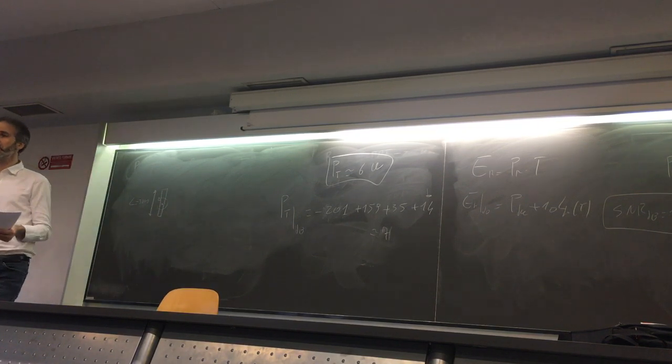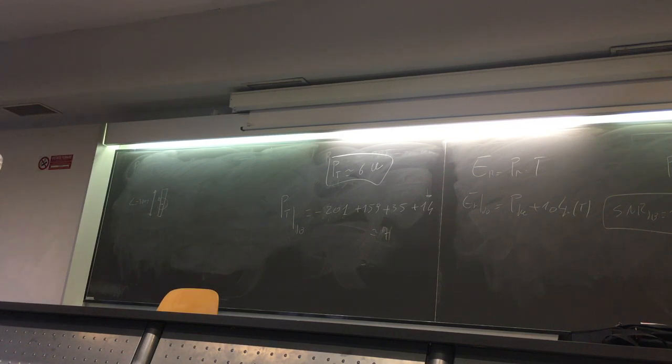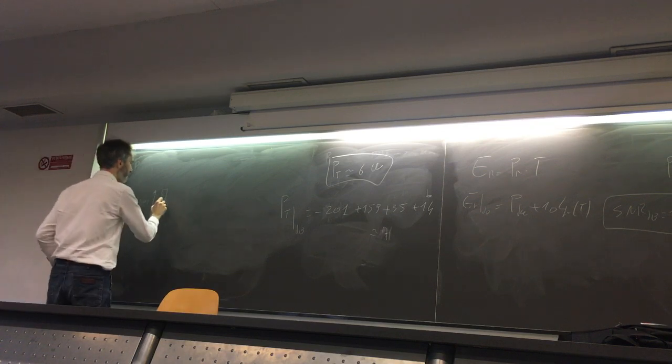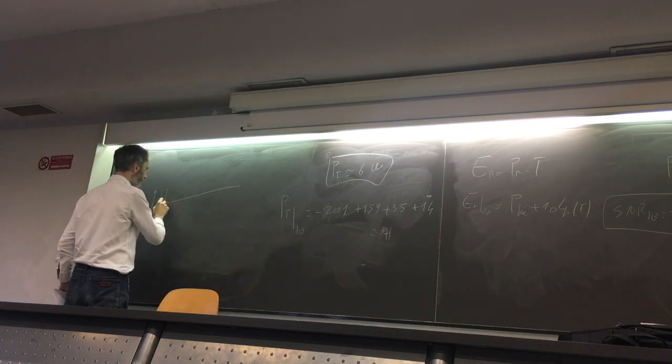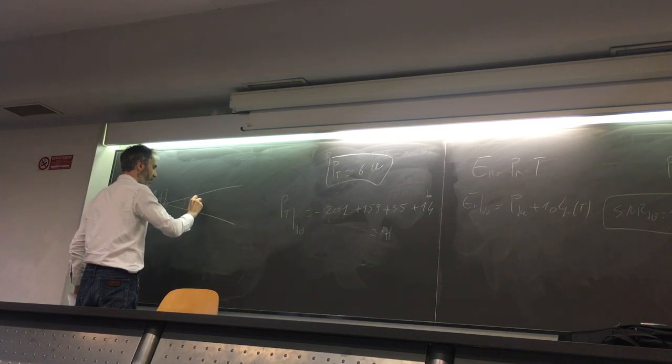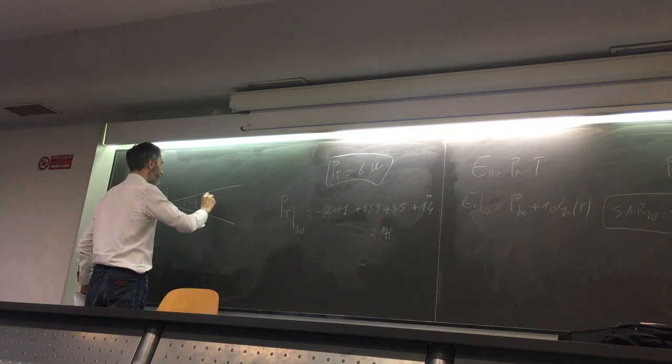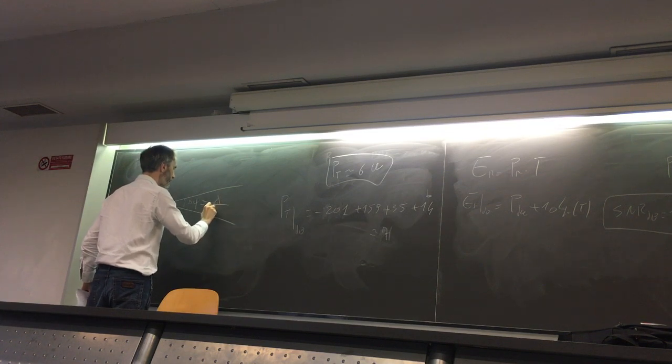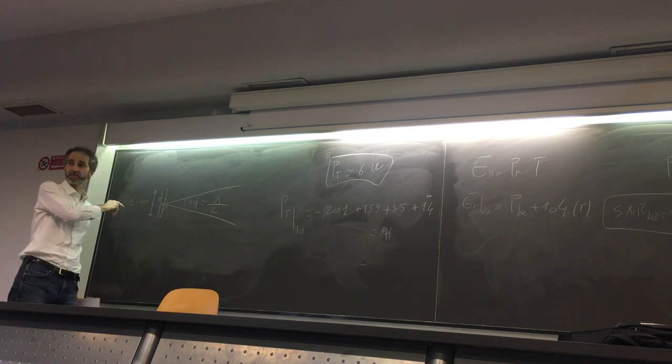For each position you are emitting power along a certain beam, whose width is more or less the wavelength divided by this length.